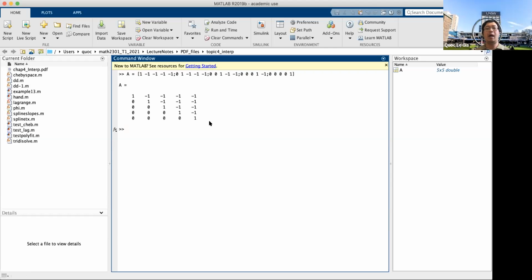So this is matrix A. You can see that below the diagonal are 0, the diagonal equals 1, and above the diagonal are minus 1.